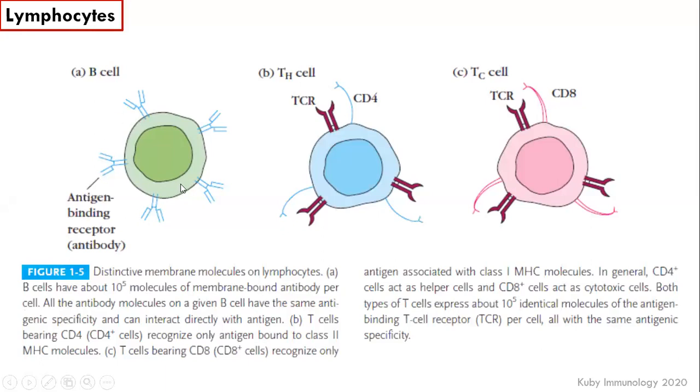All the antibody molecules on a given B cell have the same antigenic specificity and can interact directly with only one antigen. A specific B cell will interact with one antigen only, and you will have a multiple repertoire of B cells that respond to other antigens.